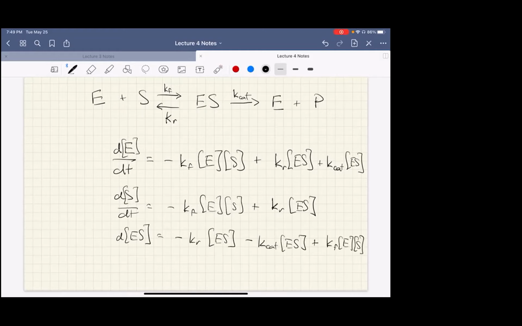And finally, the product is what we're really interested in, and I only get that through this reaction, which is forward only. Sorry, this should be dP by dt. dP by dt is Kcat times ES. That's the only way I can get that, is through this reaction.